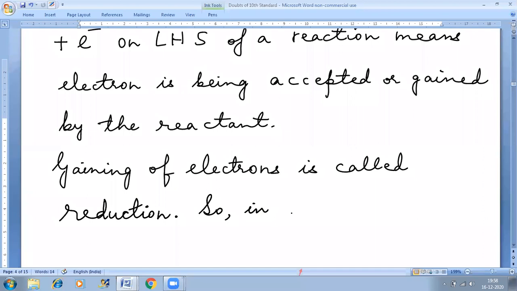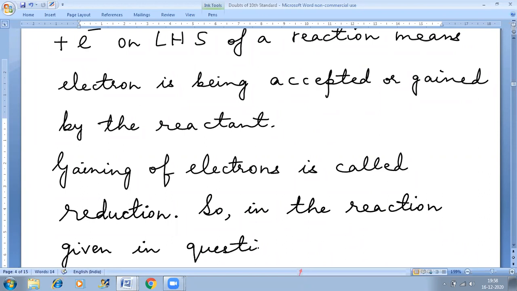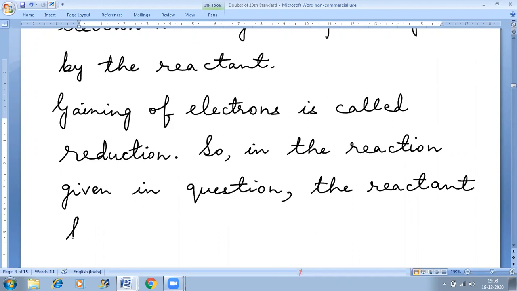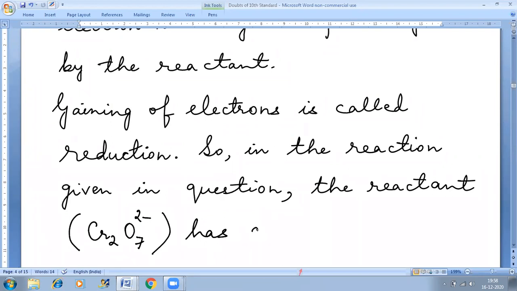So in the reaction given in the question, the reactant, that is this one, has got reduced.